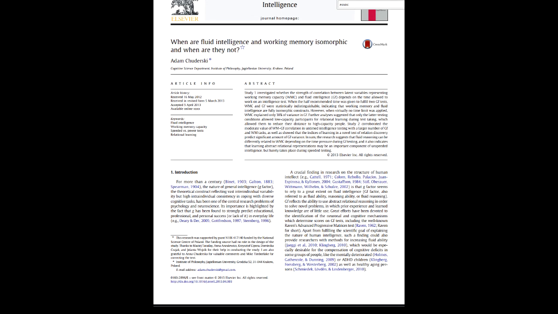So basically, in a recent study by Adam Chuderski, he showed that he decreased the contribution of working memory to fluid intelligence from 1 in a speeded test to 0.38 under lightly timed conditions. So even for analysis, factors like associative and relational learning would be important under untimed tests.